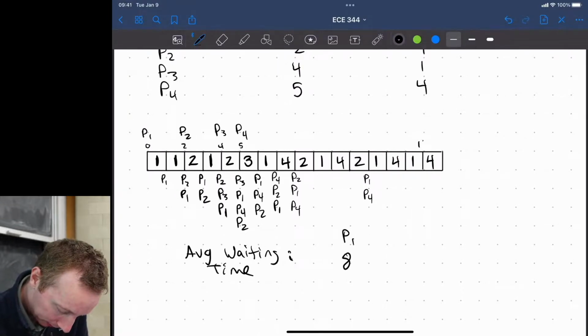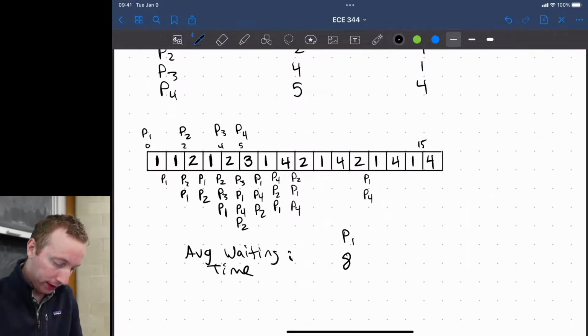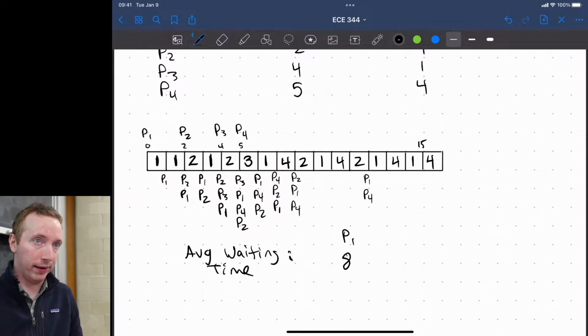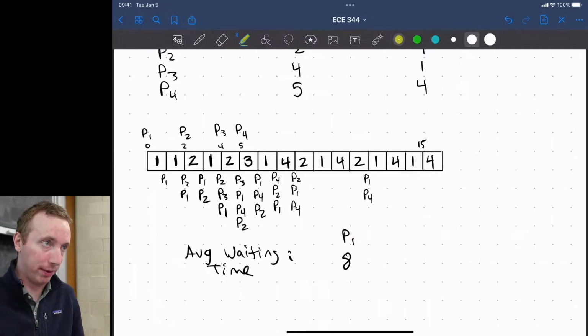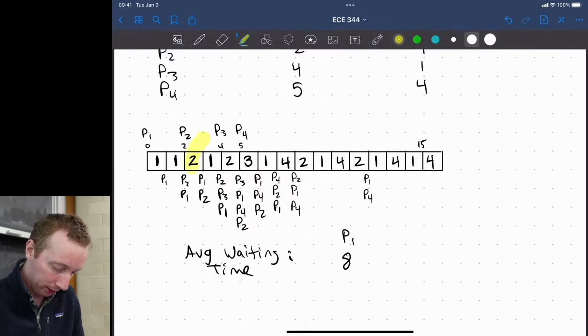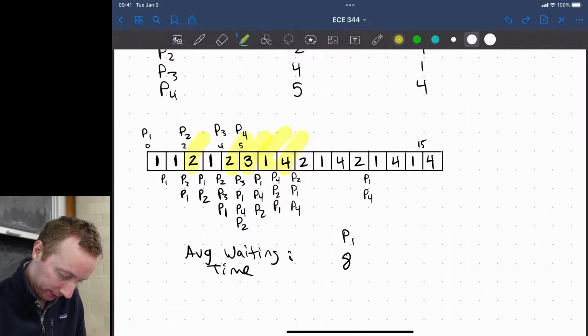It finished at t equals 15, started at t equals 0, and it took 7 time units. And of course, if you just count the number of times it is just waiting around, it's 1, 2, 3, 4, 5, 6, 7, 8.